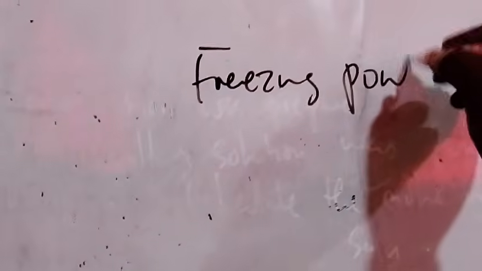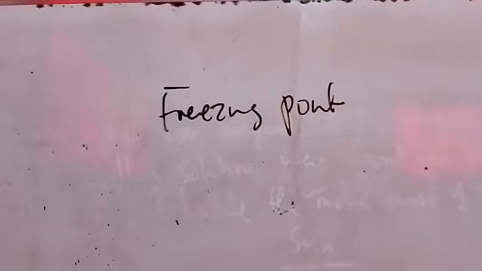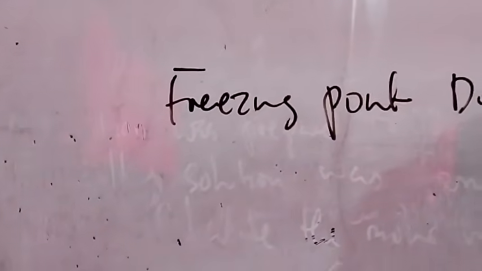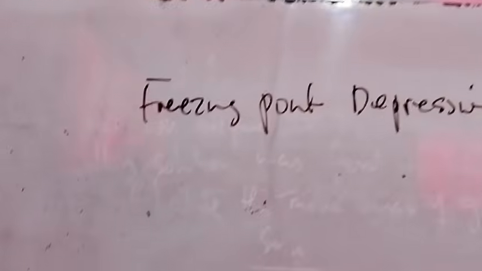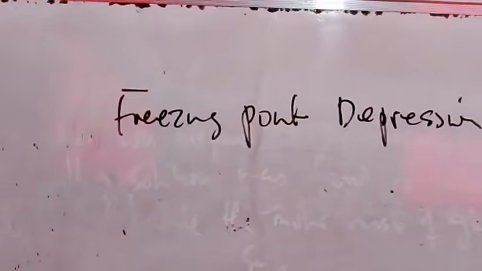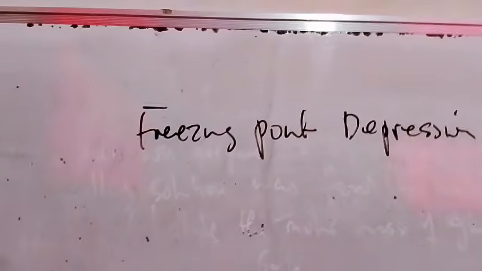So let's now look at freezing point depression. Okay, freezing point depression. So the equation for freezing point depression is similar to the one we use for boiling point elevation.